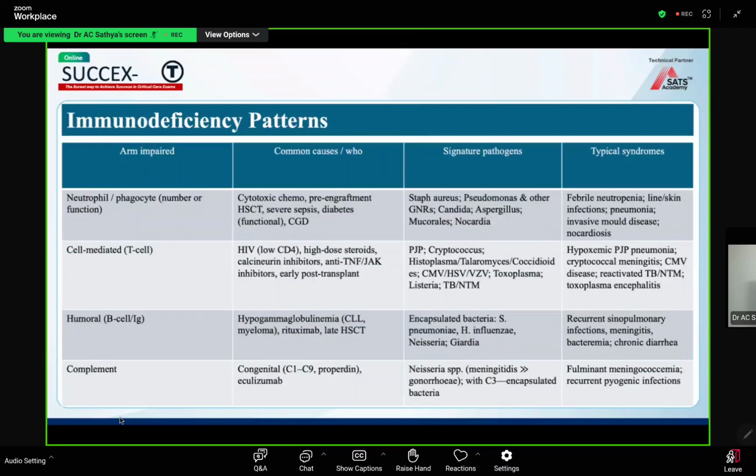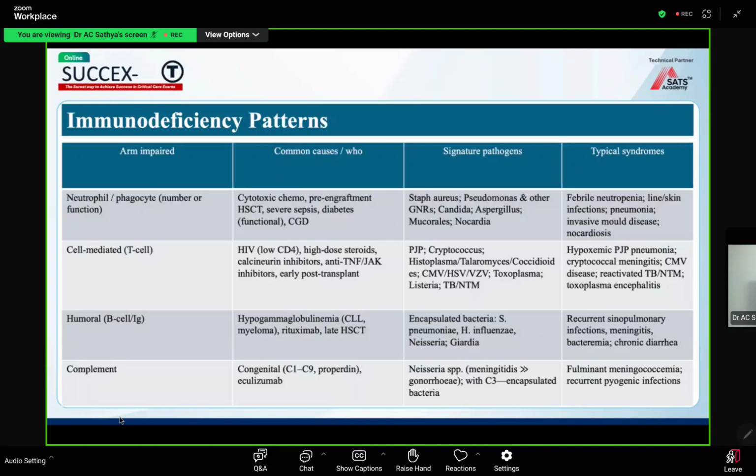So immunodeficiency varies with what cell lineage is affected. When there's a neutrophil or phagocyte defect, the organisms we mostly encounter are gram-positive and gram-negative bacteria together with Candida and other fungi like Aspergillus, Mucorales, and Nocardia.